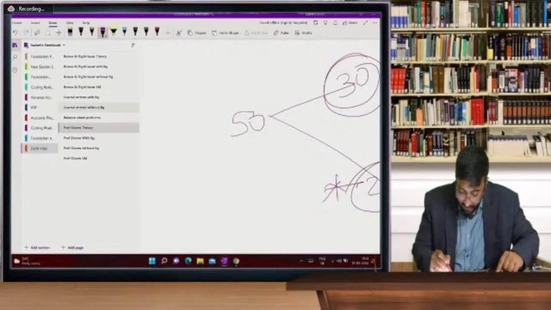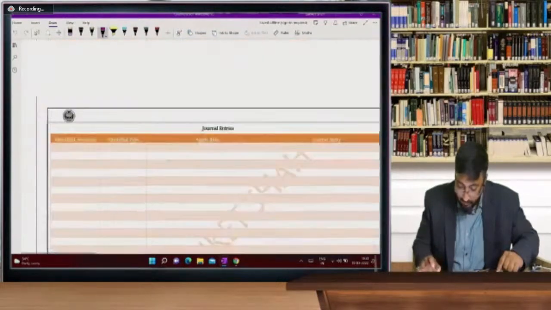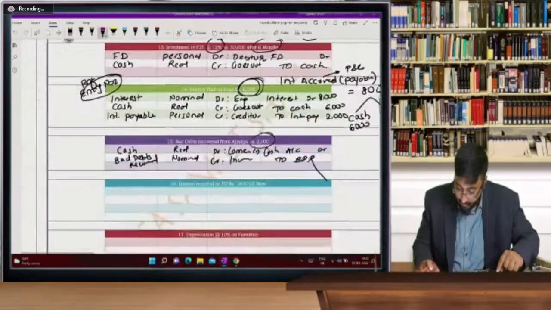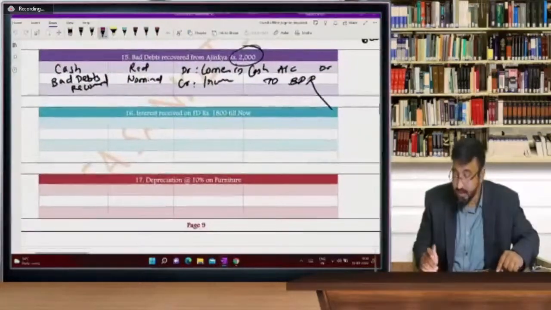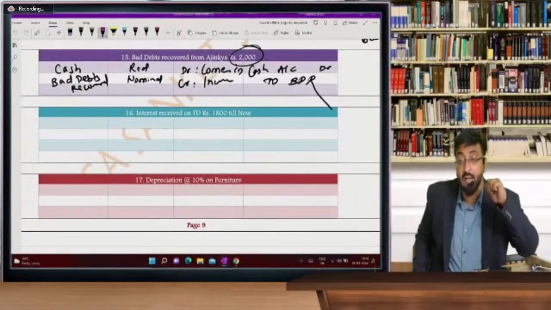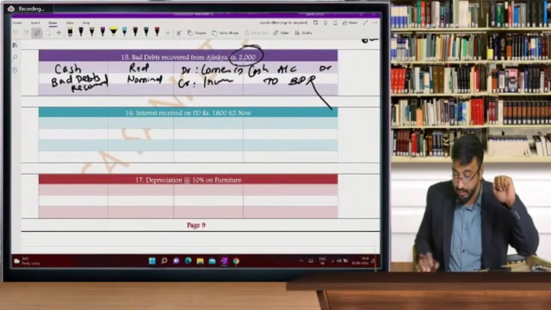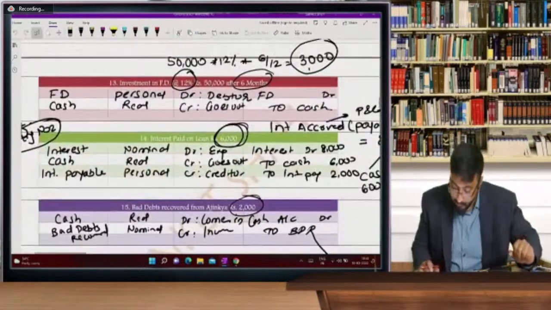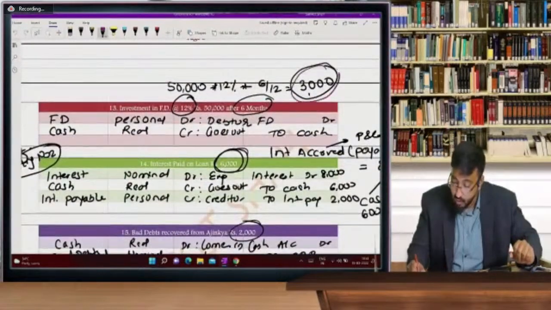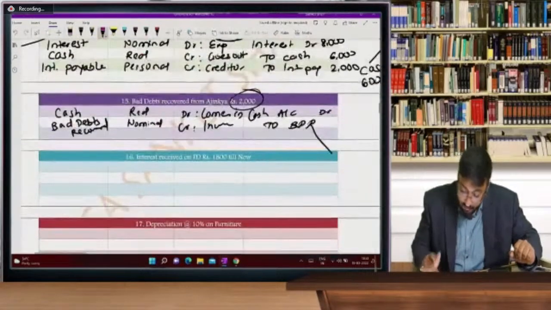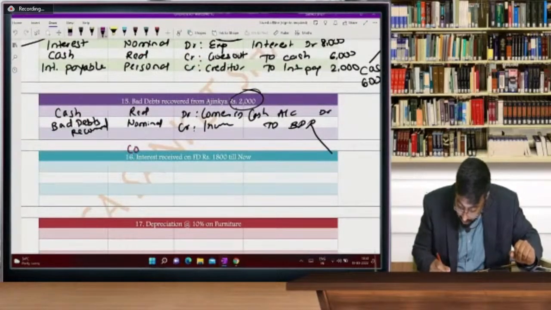The last 5 entries. Interest received on FD. Have you completed these entries? Interest received on FD. 3,000 is the total interest accrued. So see, the connection with entry number 13, the connection of 16.